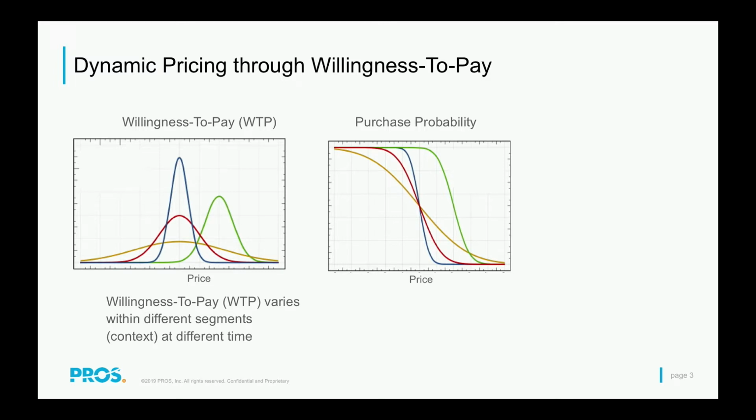Basically, you get the cumulative function, you invert it, and then you get your purchase probability. This purchase probability basically means when we set a price, we know the probability or likelihood that the customers in that segment are going to accept that price.